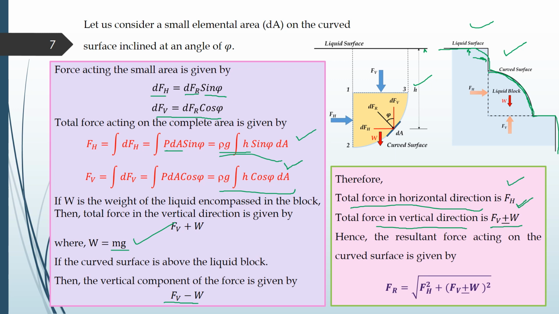And certainly if you want to find out the resultant force which is acting on the curved surface, that will be given by this particular formula, which will give you the resultant force. So this was all about the forces which are acting on the curved submerged surfaces.